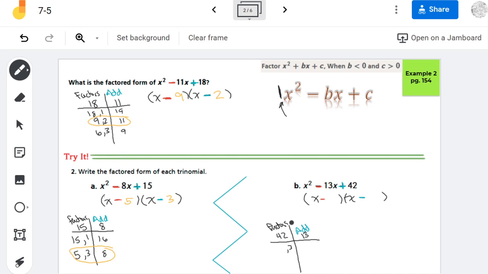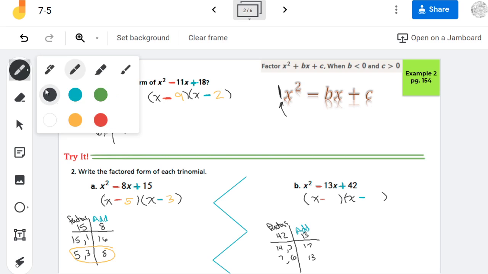I know 42 is divisible by 3, and I'm going to use a calculator to figure out what it is. It's 14, 3 and 14. I'm getting closer. It's not divisible by 4, not divisible by 5, but it is divisible by 6: 6 times 7. So there we are. That 6 and 7 made the 13 that I needed.